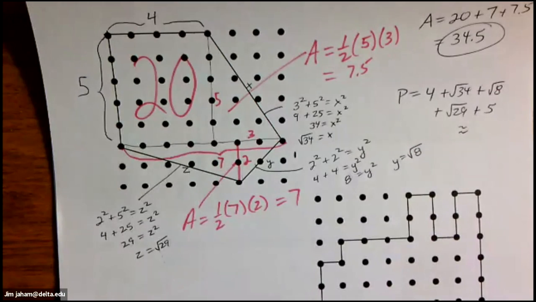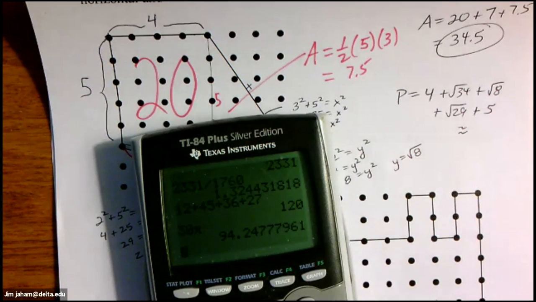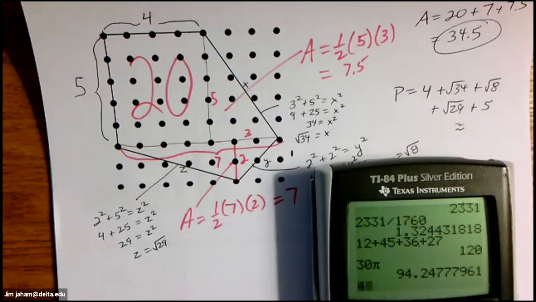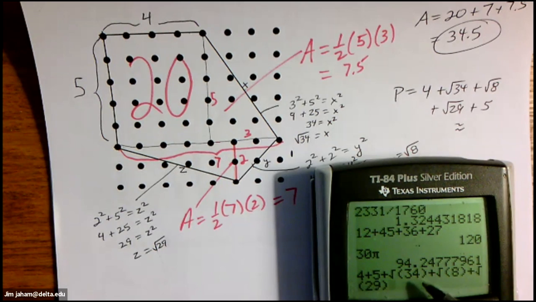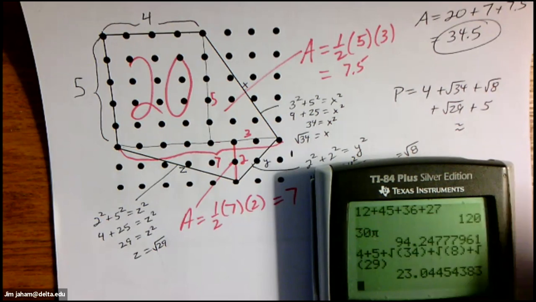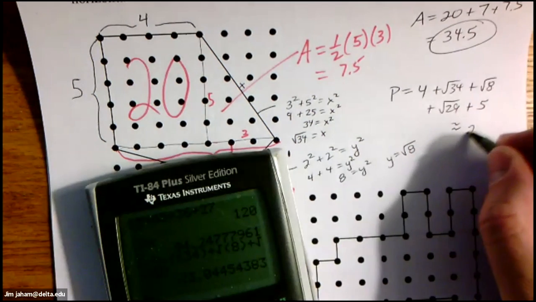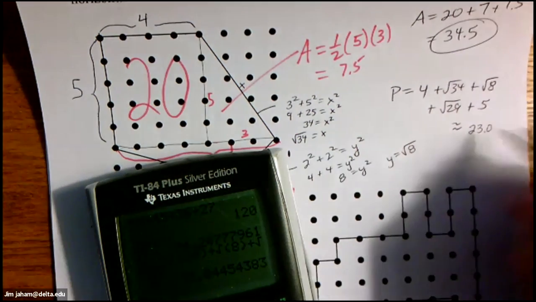And that's approximately 4 plus 5, square root of 34, square root of 8, square root of 29. So about 23.0 units.